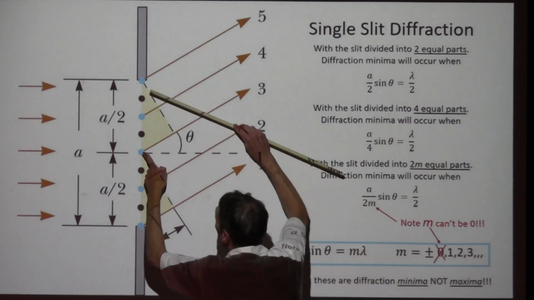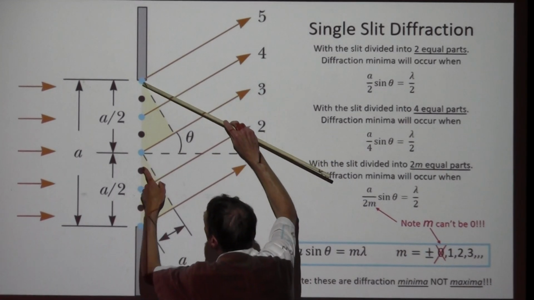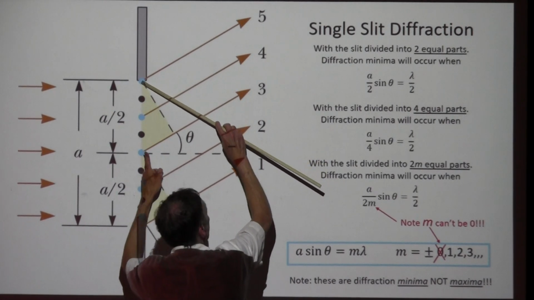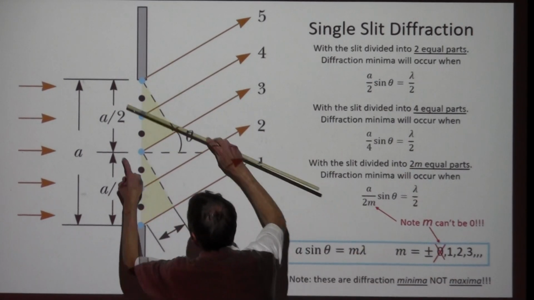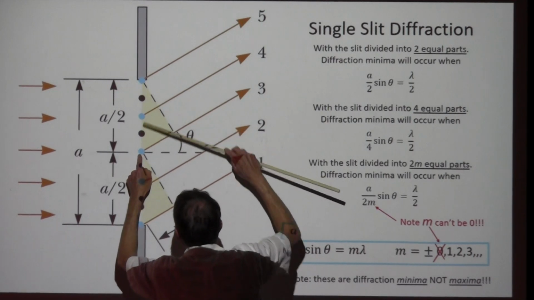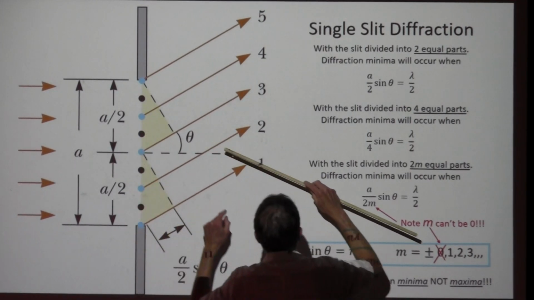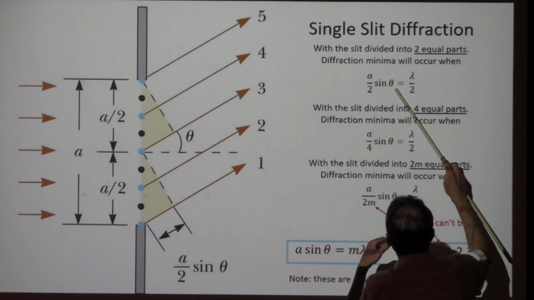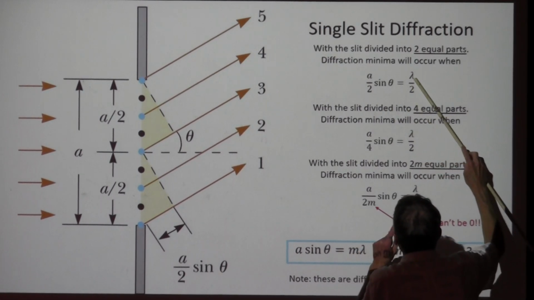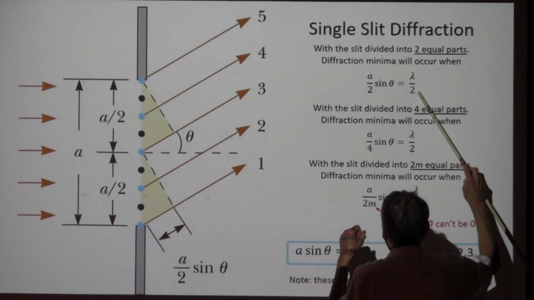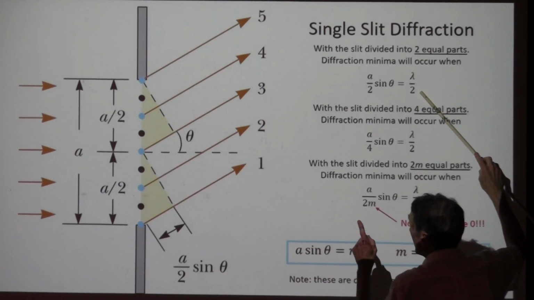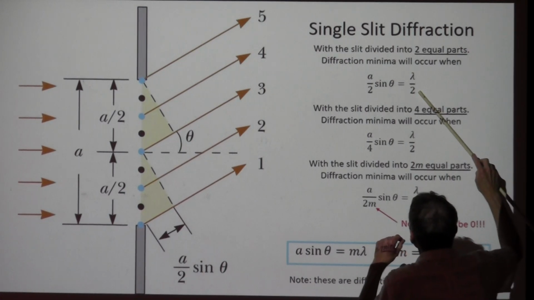So if these two are out of phase, then a over 2 times the sine of this angle theta, instead of d sine theta, is equal to a half a wave. I'll get to some more here in a minute, but this is the basic one for the very first minima.